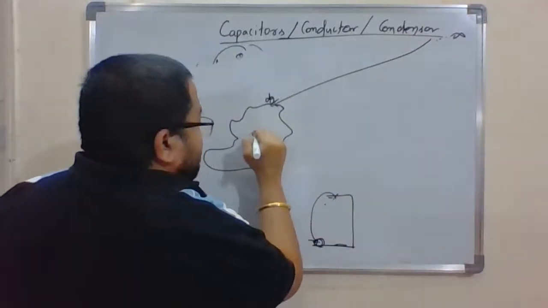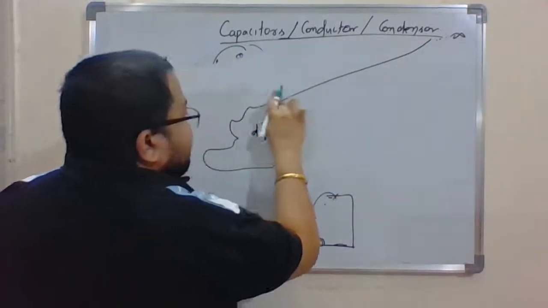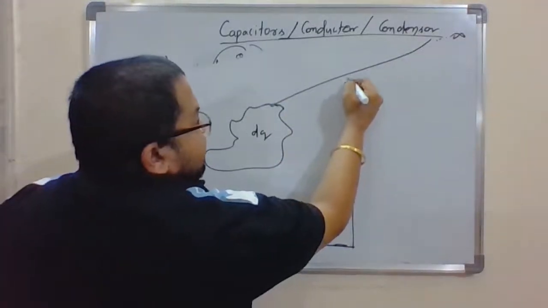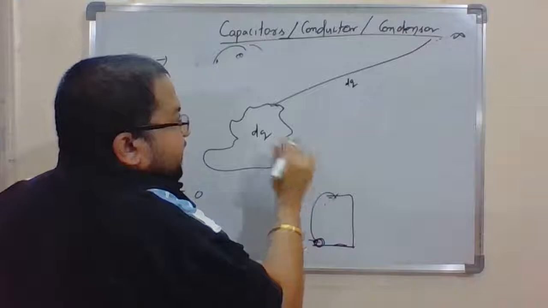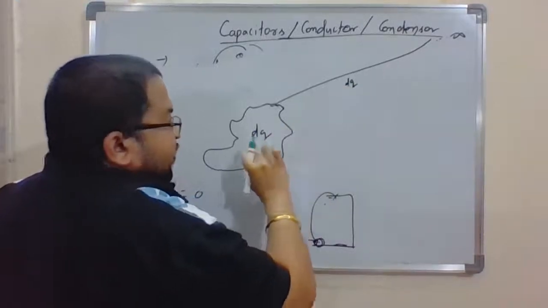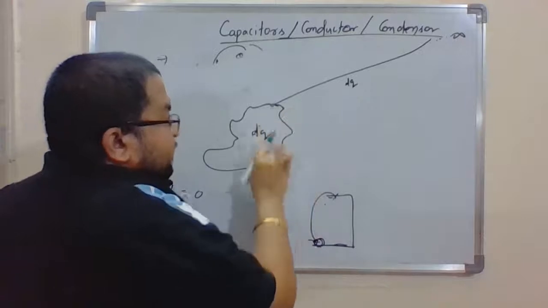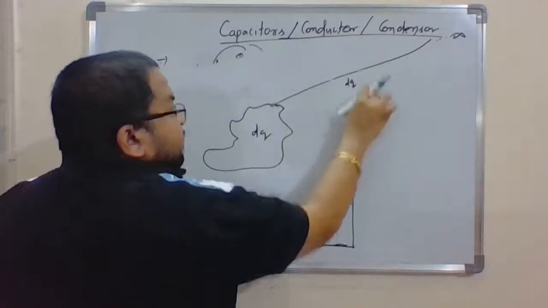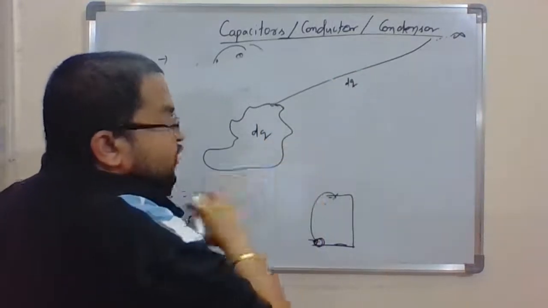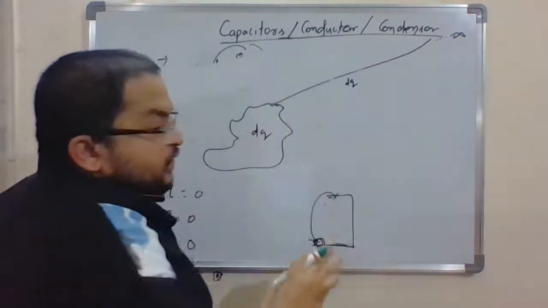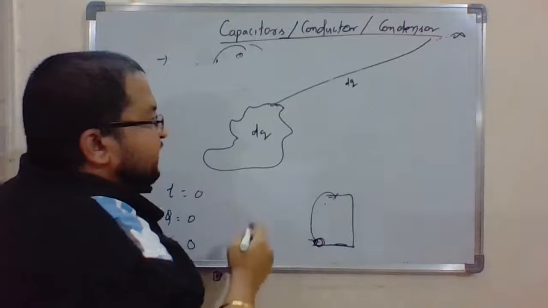So suppose one dq is already here. When I try to bring the second dq, I would assume them to be of the same sign. If this is positive charge, I'm bringing positive charge only. We know from electrostatics that like charges repel and unlike charges attract each other.